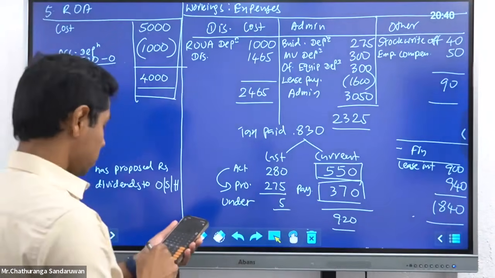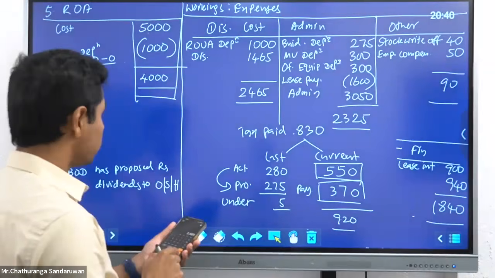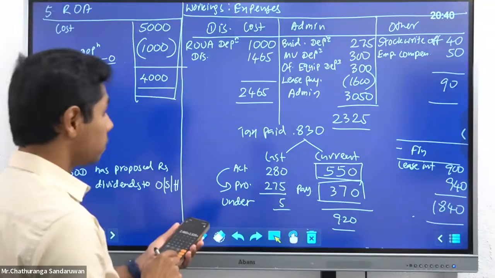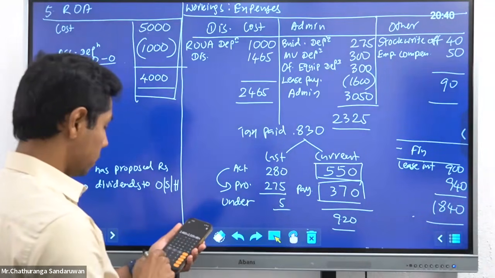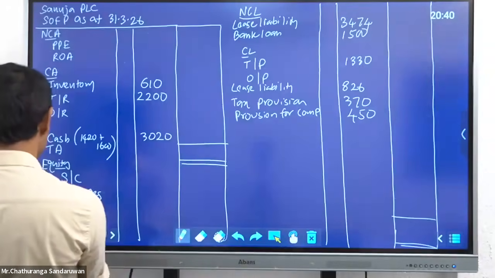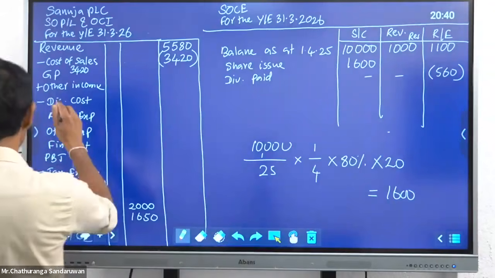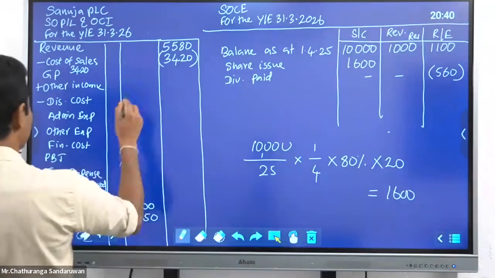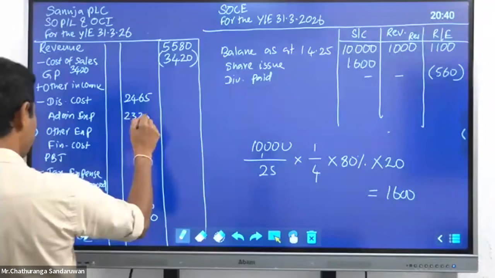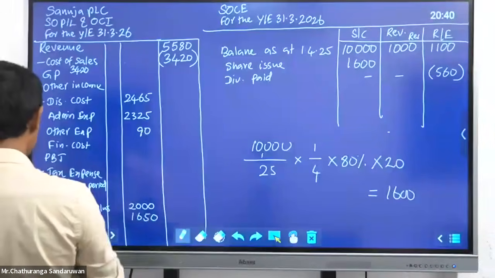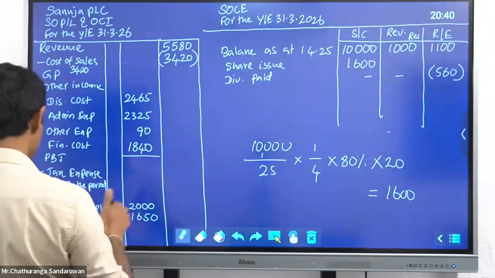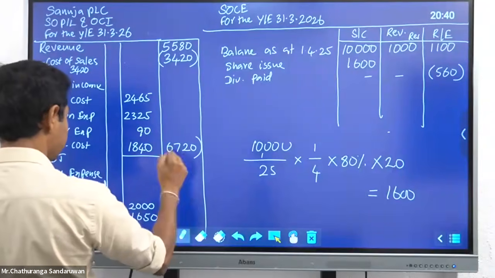Okay, 2,465 plus 2,325 plus 90 plus 1,840. So let me take those figures to the face of SOPL. Distribution cost 2,465, admin expenses 2,325, other expenses 90, finance cost 1,840. If I take the total, it's 6,720, right?